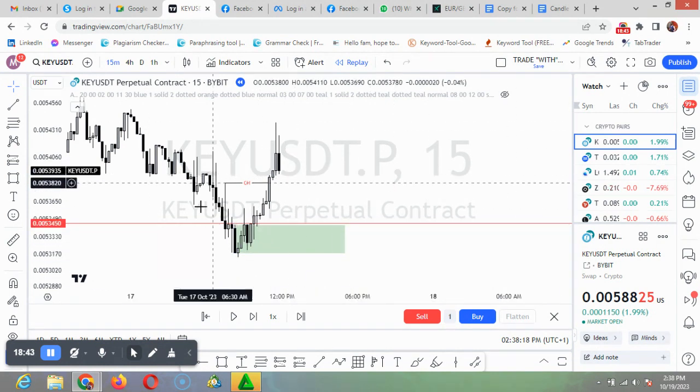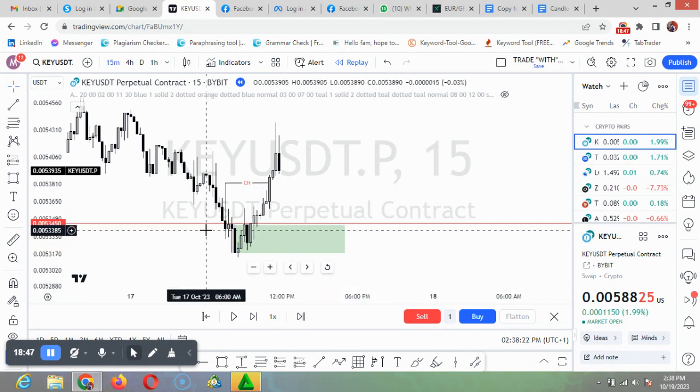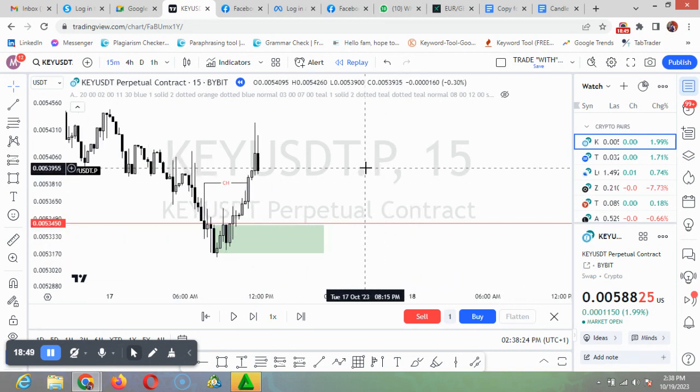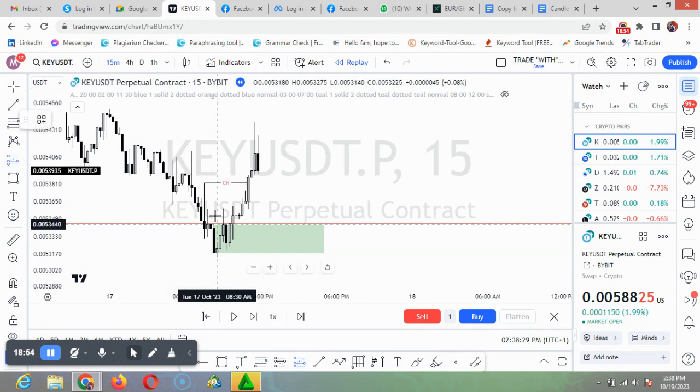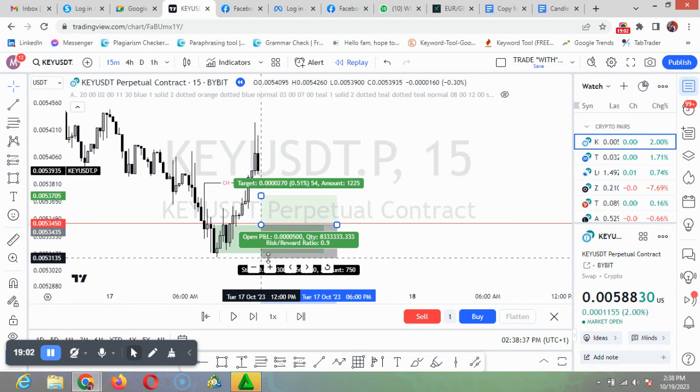So once you have a CHoCH, you mark the last selling candle, you mark everything. Then you can put your entry. This is a long. So we put our long position, and we put our entry just at the top of the box, and our stop loss a little bit below.